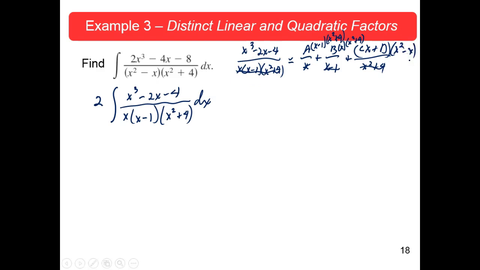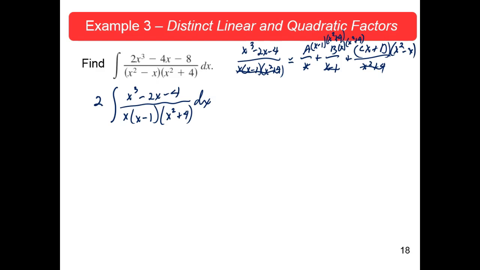You see what I did? Not too magical, right? Multiply by that whole denominator, which wipes it out here, and each term leaves the remaining parts.